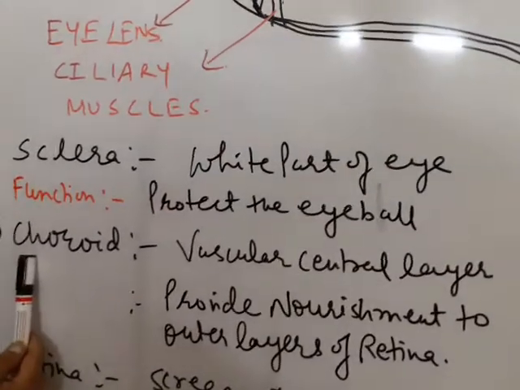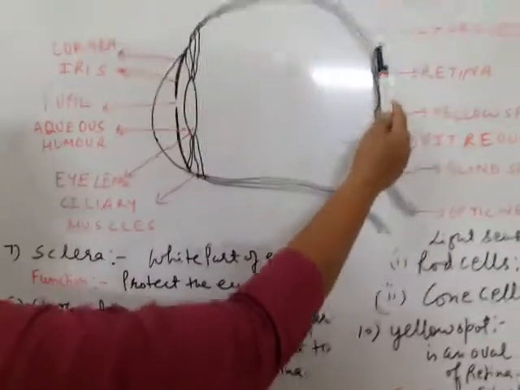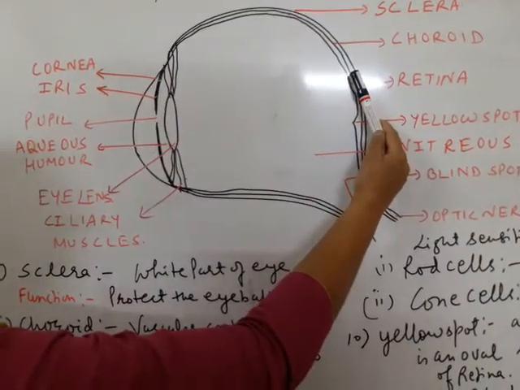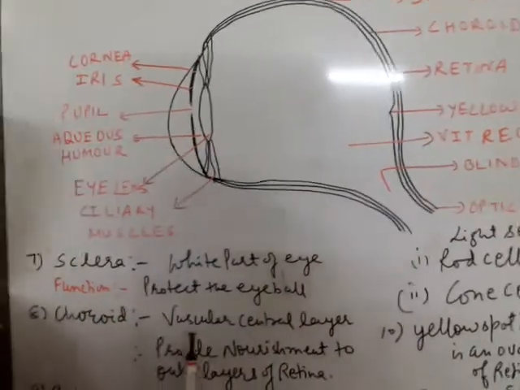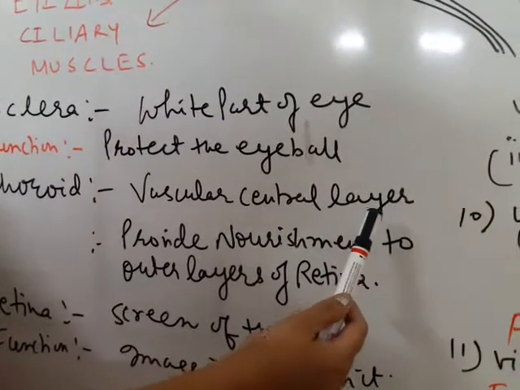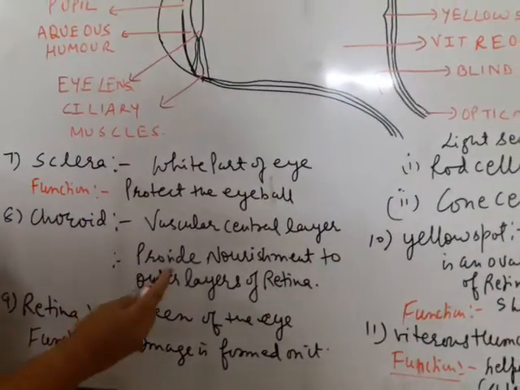Next is choroid. Sclera is succeeded by the choroid. It is a vascular central layer present in between the retina and the sclera.